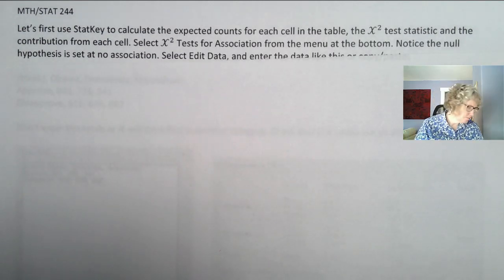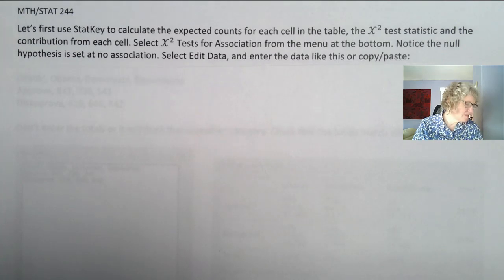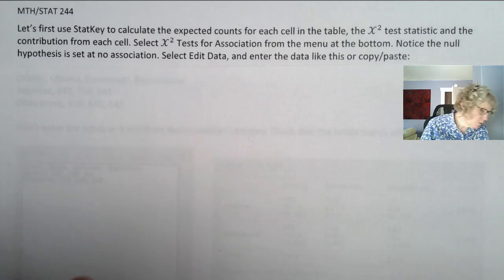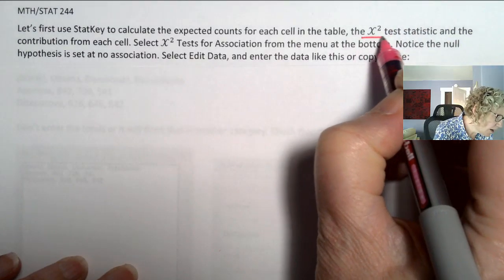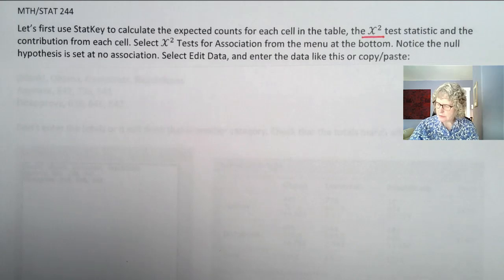So I'll read the directions first before I go over to StatKey. Let's first use StatKey to calculate the expected counts for each cell in the table. Okay, then we're going to form the chi-squared, remember that's Greek, chi-squared test statistic, and the contribution from each cell. Okay, so I've got some instructions here that I will do over in StatKey.